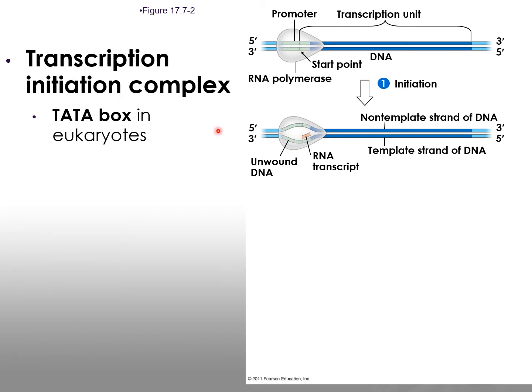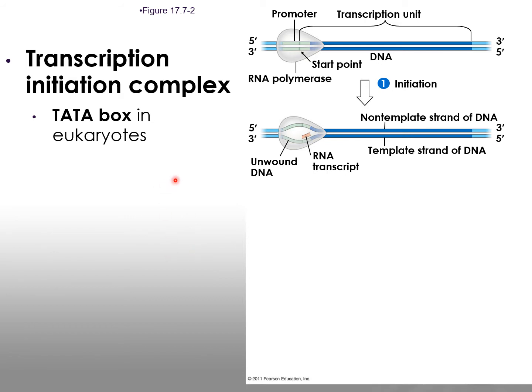Now, once the RNA polymerase binds to the DNA, and the transcription factors are also binding to the DNA, this is called the transcription initiation complex. Now, there's another region in the DNA that I must mention. It's called the Tata box.